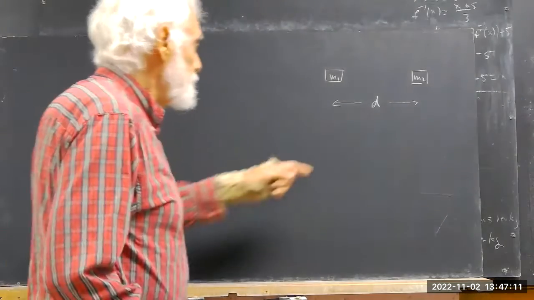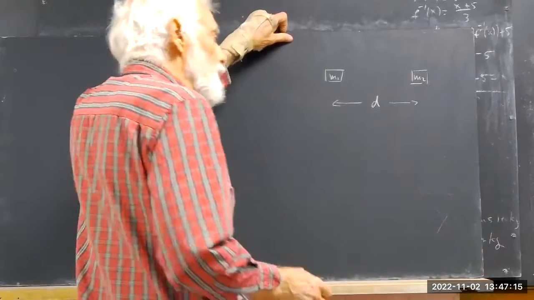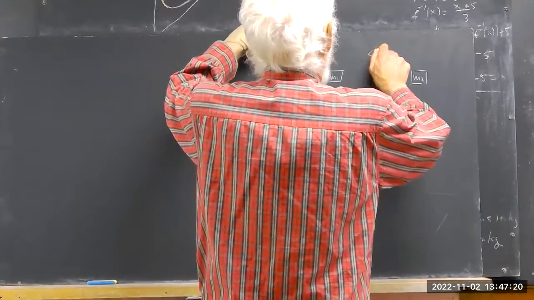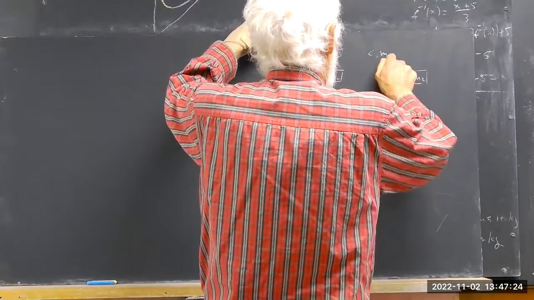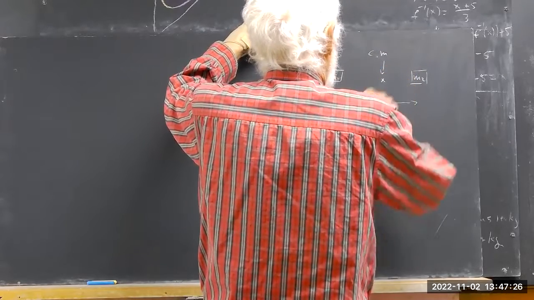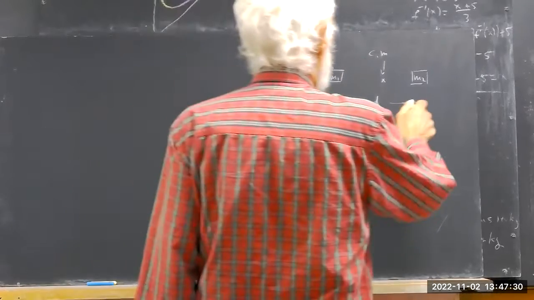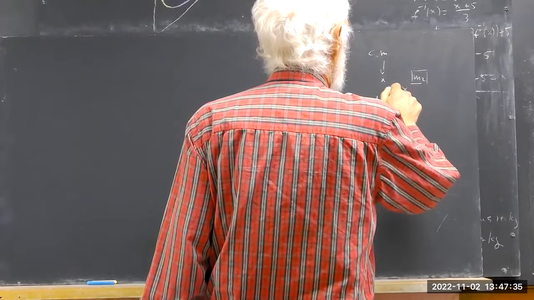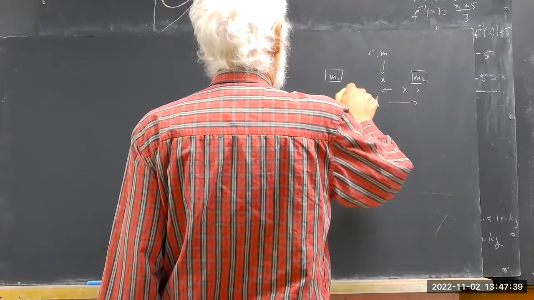Okay, so these things are moving, but wherever these things are, the center of mass is at the point. Center of mass is here, provided this distance, we call this distance x, and then this distance is d minus x.